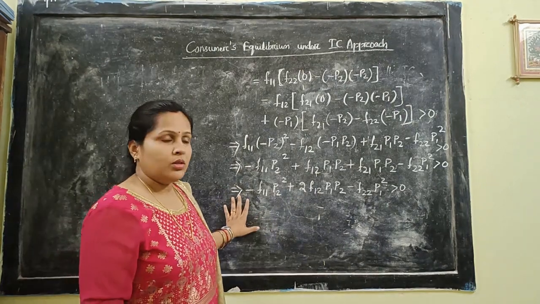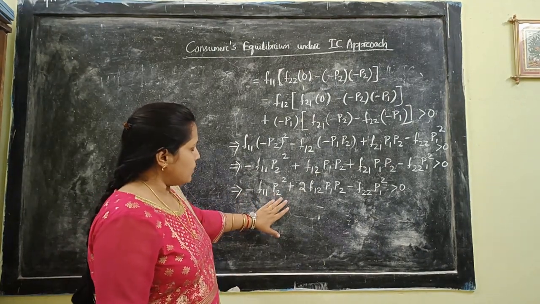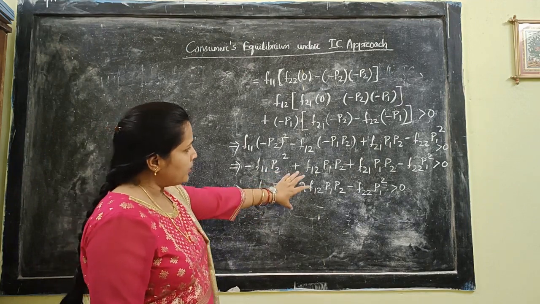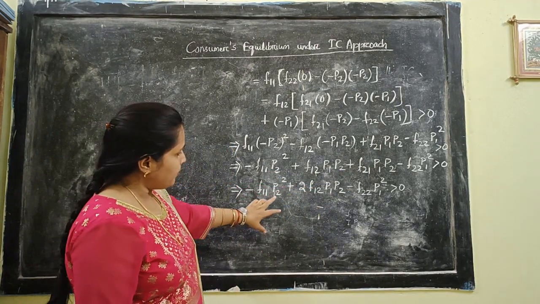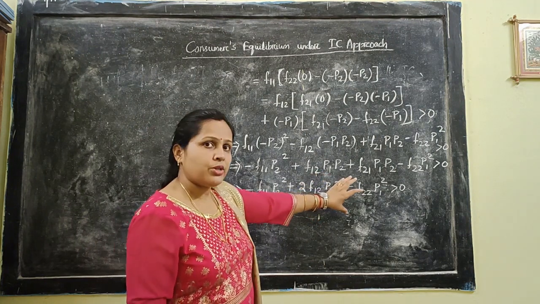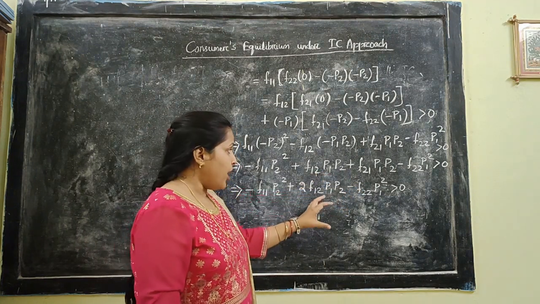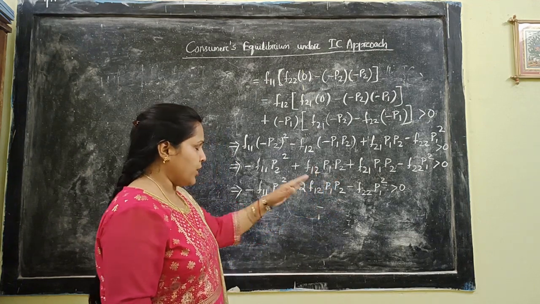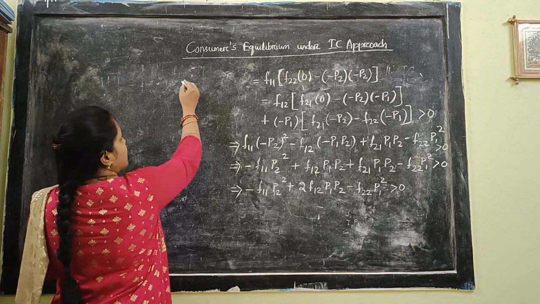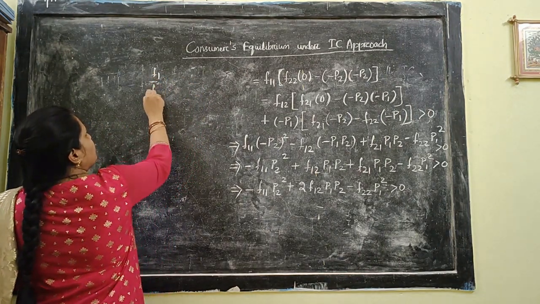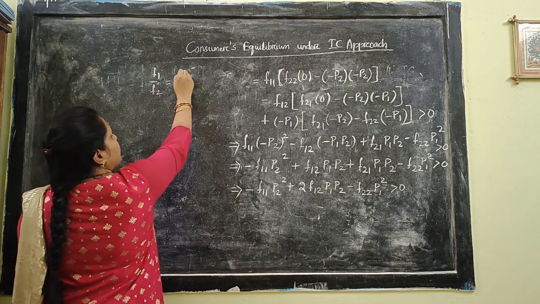Now, what is the relationship from here? We have to represent this equation in terms of F1, F2 and P1, P2. Okay. So now let's substitute. What we know is that F1 by F2 is equal to P1 by P2, right?